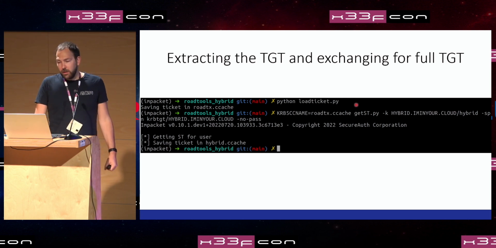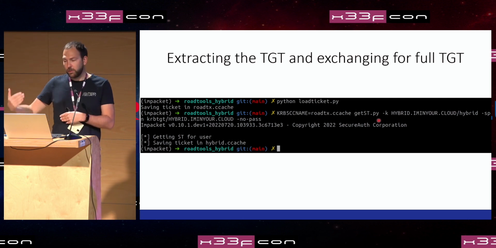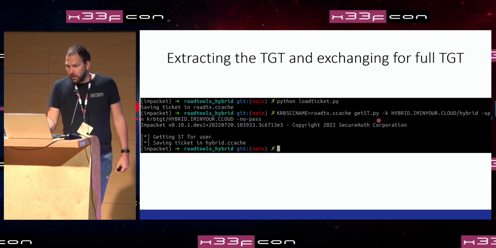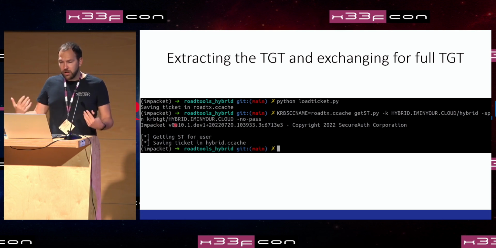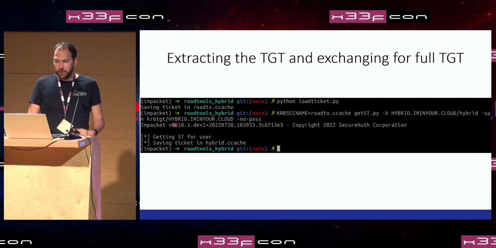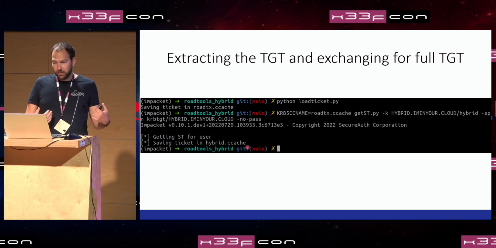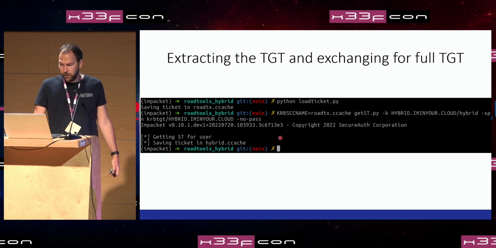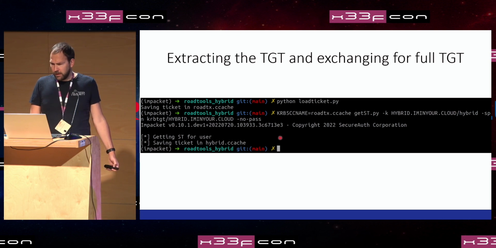So in this case, the getST.py, so this uses the service ticket requests, but with the target krbtgt. So it's basically requesting a full TGT based on the partial TGT that we get. And that saves the full TGT in the hybrid.ccache file. So now we have a full TGT for this user.